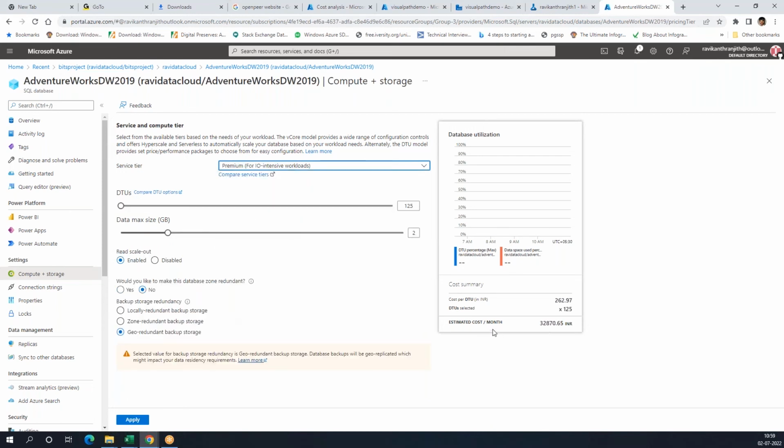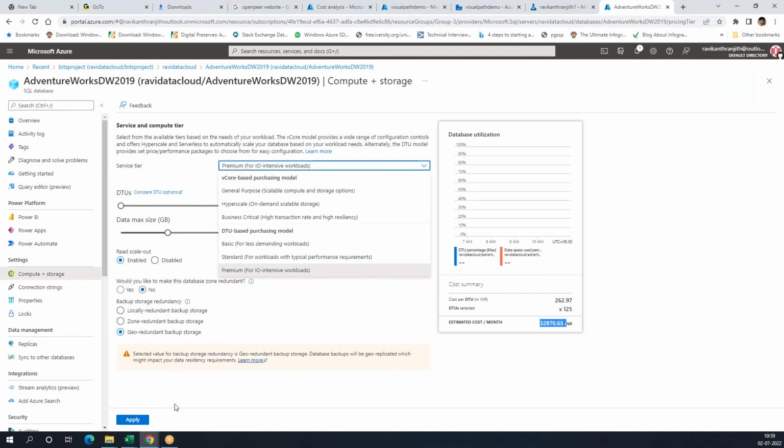You can see estimated cost per month 32,000. Okay, it can go till that level. And if you try to increase this database max size and all that, this will even increase a bit. But this is for premium. That means if you are going for high intensive loads, then you will usually go for this kind of service tier.